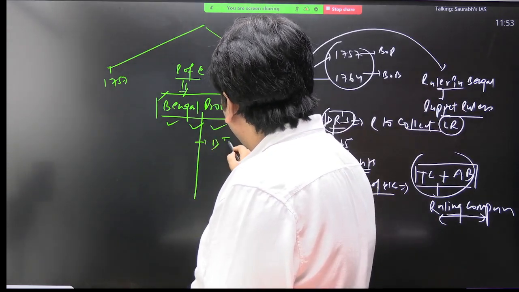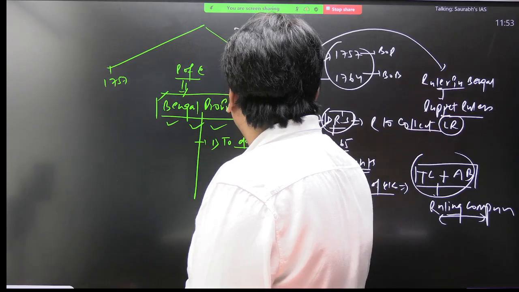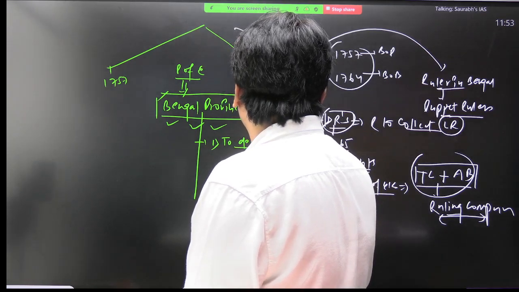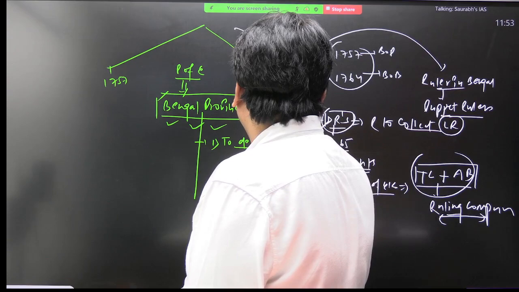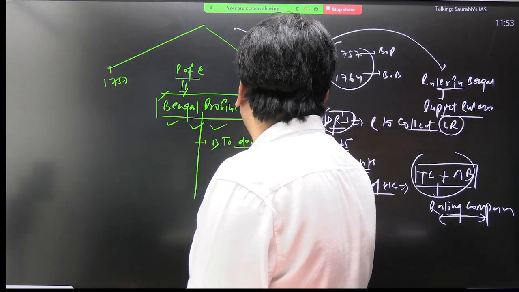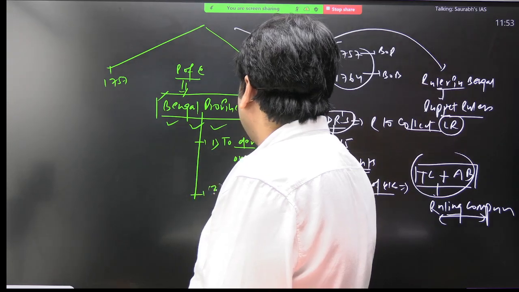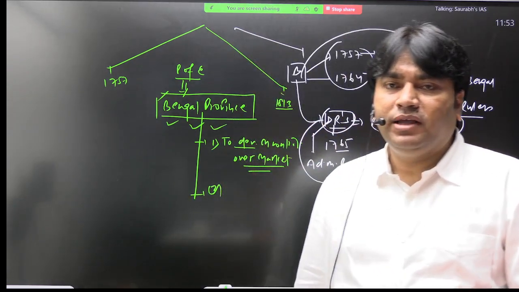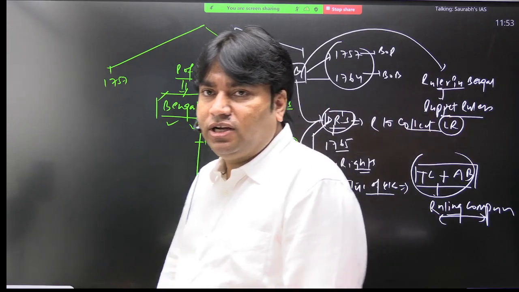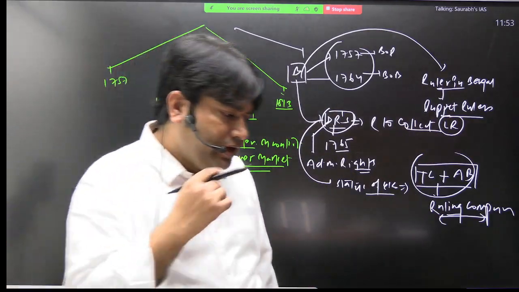Point one: they will try to develop monopolistic control over the market. That is the very first point.